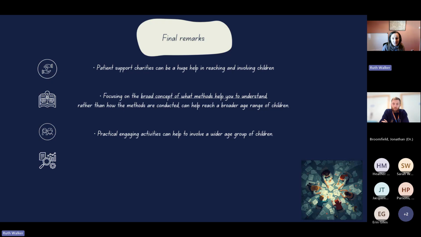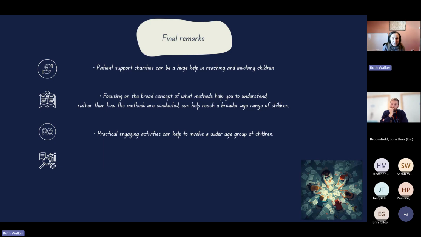So, I think there are effective ways of reaching and involving children in evidence synthesis projects. Established patient groups and support charities have been a huge help within my project, and I think that is a really good way of both recruiting and involving children.